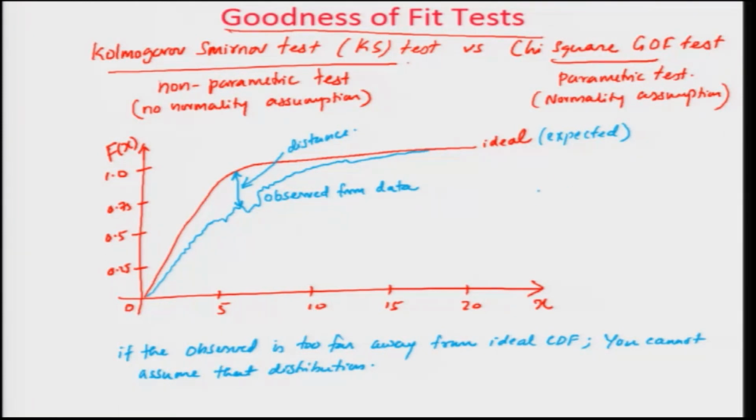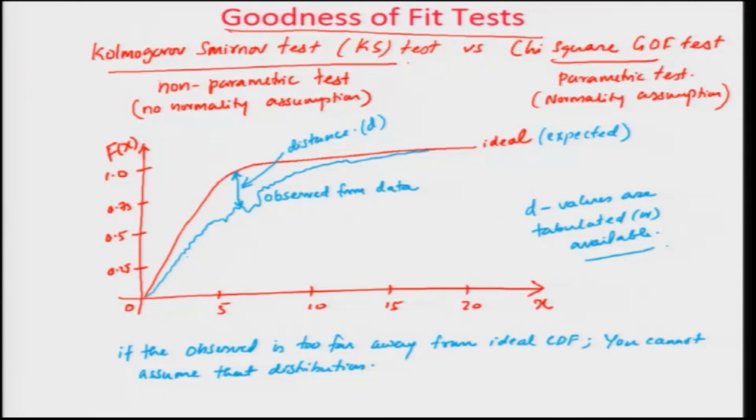Whatever the distance, it is D actually. This is the D that we talk about. The D values are tabulated or available. If this particular D value for a particular case is less than a particular threshold, you can say that this CDF fits.